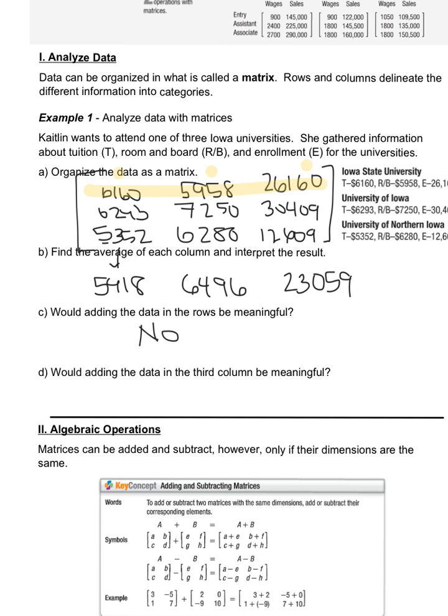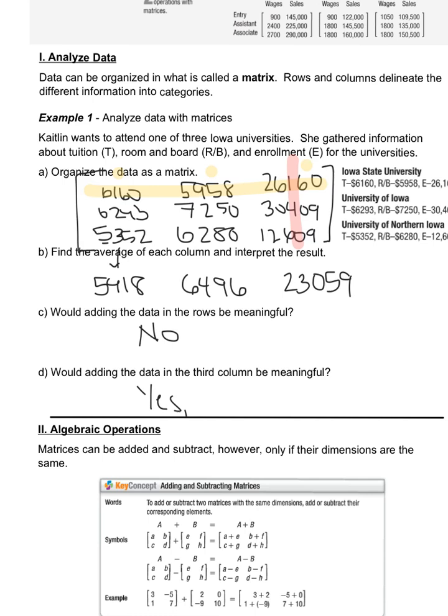No. It'd be like combining apples and oranges. It doesn't make sense. Would adding the data in the third column be meaningful? A little different situation. If I went down the third column, would that be more meaningful? The answer is yes. All of those are people, so this would be the total enrollment of the 3 schools.